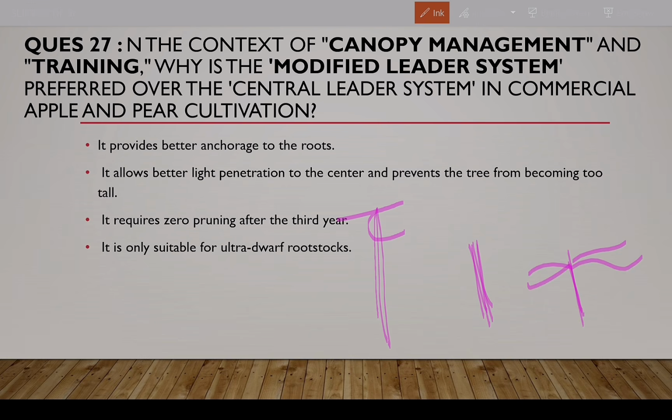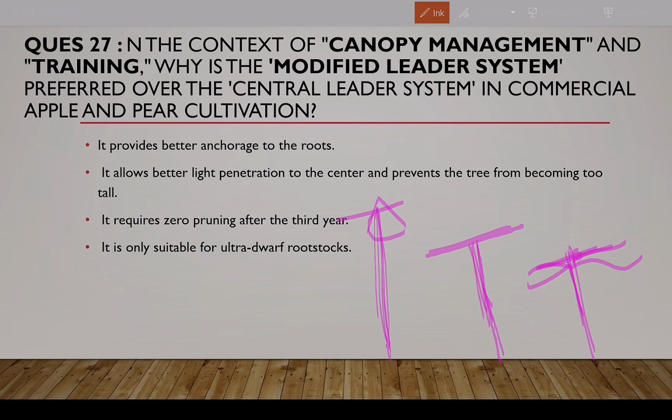In central leader, the main stem is allowed to grow uninterrupted. In modified leader, the main stem is allowed to grow to a certain height, then we cut the main stem. In open center, the main stem is not allowed to grow.